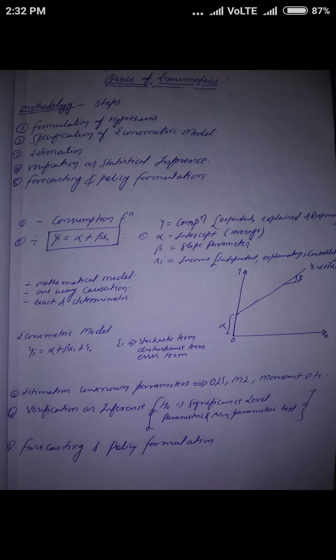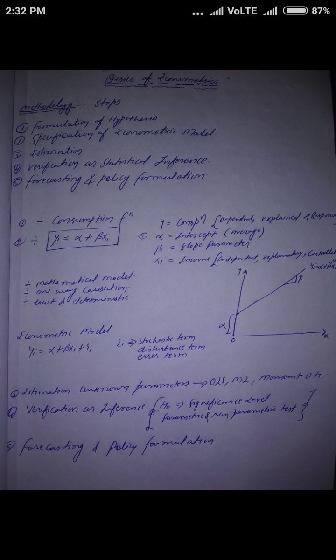So we quantify it through a mathematical model, that is yi is equal to alpha plus beta xi, where yi is identified as the dependent variable and xi is identified as the independent, explanatory or controlled variable.